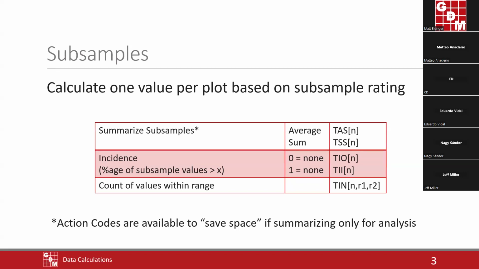A common reason for subsampling to begin with is maybe the rating or the observation you're taking is inherently very variable. Something like maybe presence of insects.